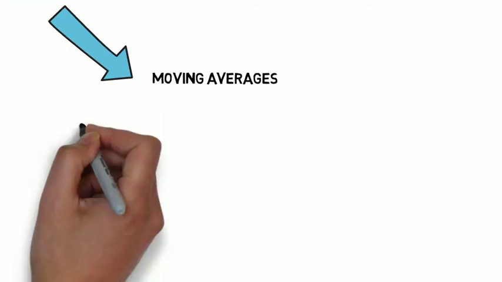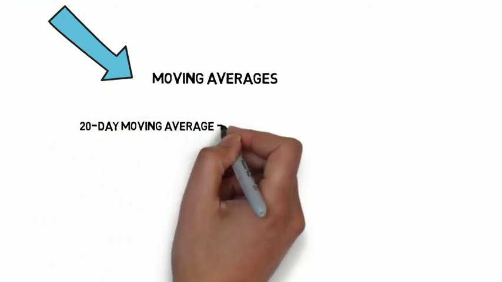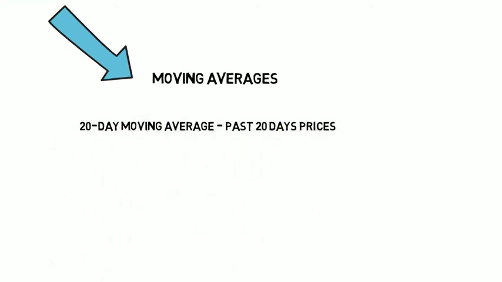For example, a simple 20-day moving average calculates the past 20 days' prices and smooths out the price fluctuation by calculating the average and plotting it on the price chart. We can then use the moving average to identify price movement and determine the trend.